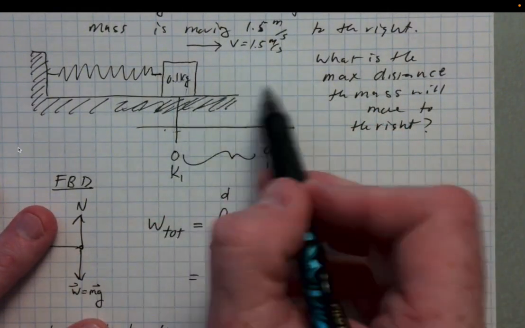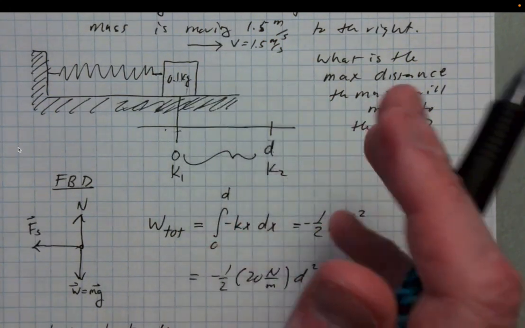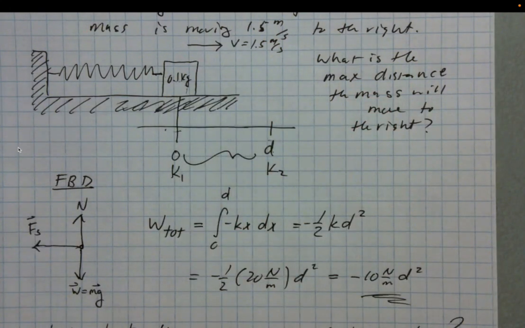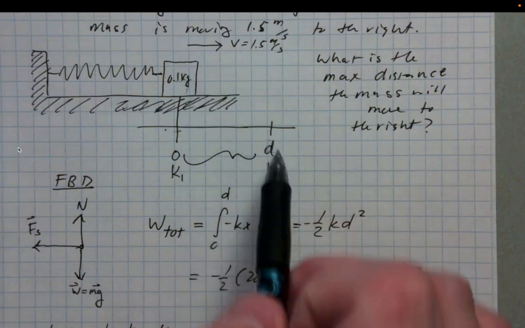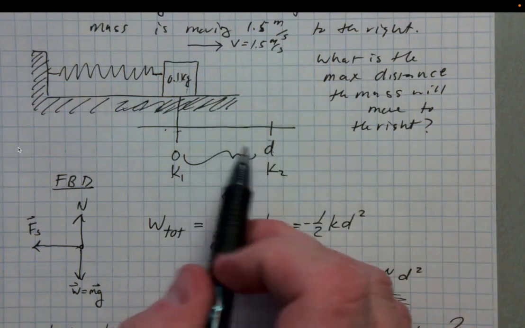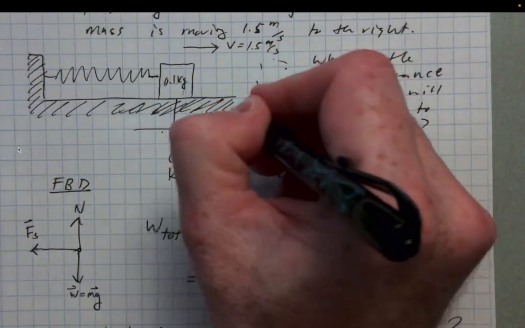It's going to stretch the spring about 10.6 centimeters, and at that point, all the kinetic energy will have gone from 1/2 m times 1.5 meters per second down to 1/2 m times 0 meters per second. So it'll slow down and come to a stop here, and then it'll reverse directions.